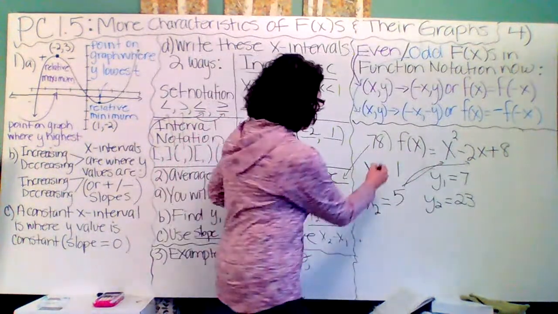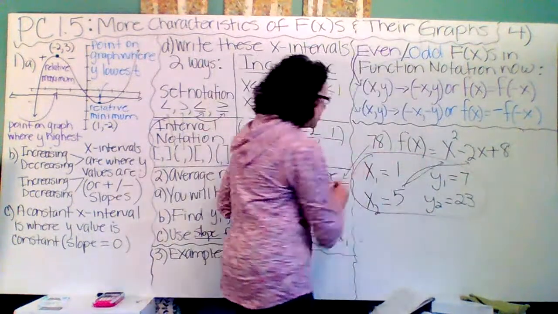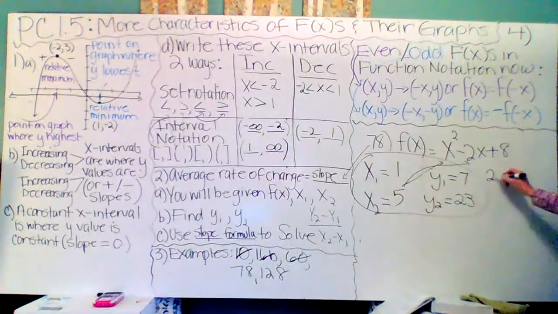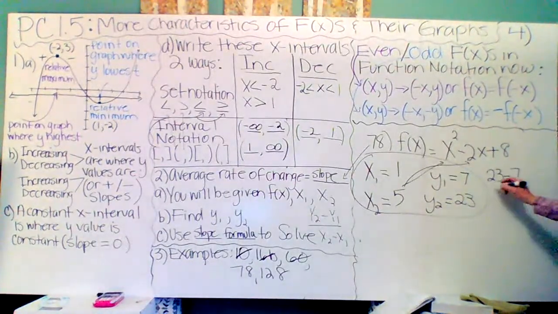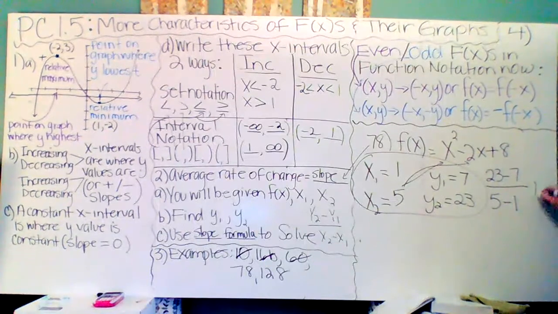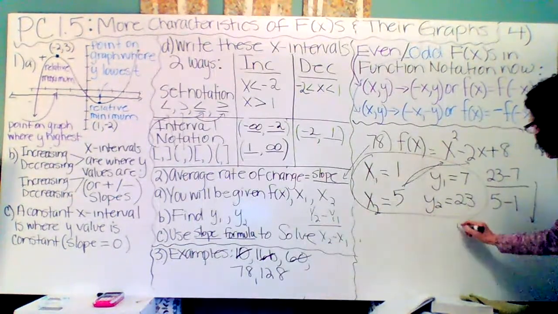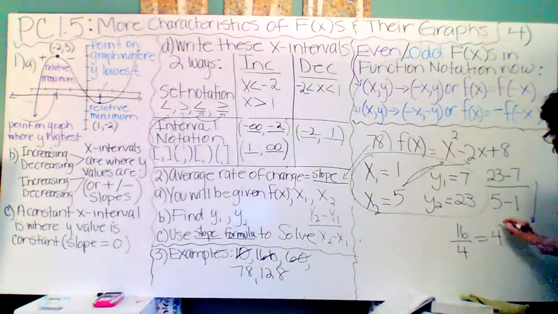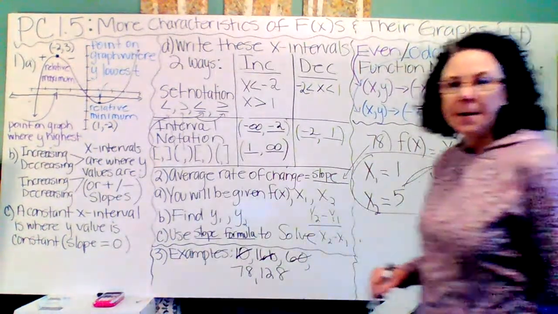Okay, what do I do now? Average rate of change is the slope formula. I have everything I need here. y2 minus y1 over x2 minus x1. Let's see, this would be a 16 over 4, and that average rate of change, or that slope, is 4.